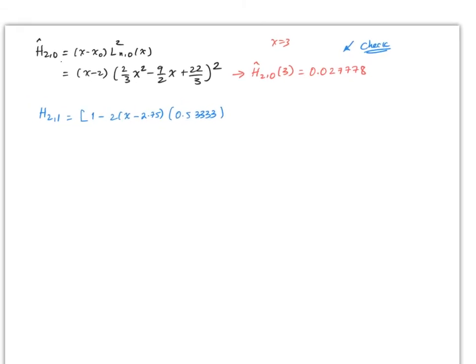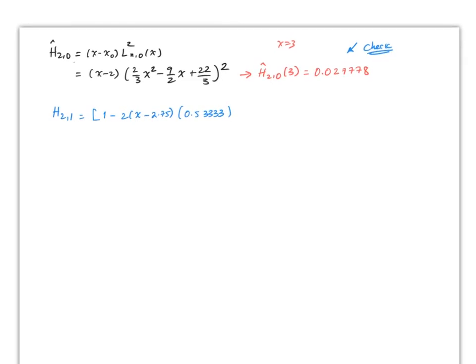So again, you should check that. Then we have this L21 prime evaluated at 2.75, equal to 0.53333. You should check all of these ones too.